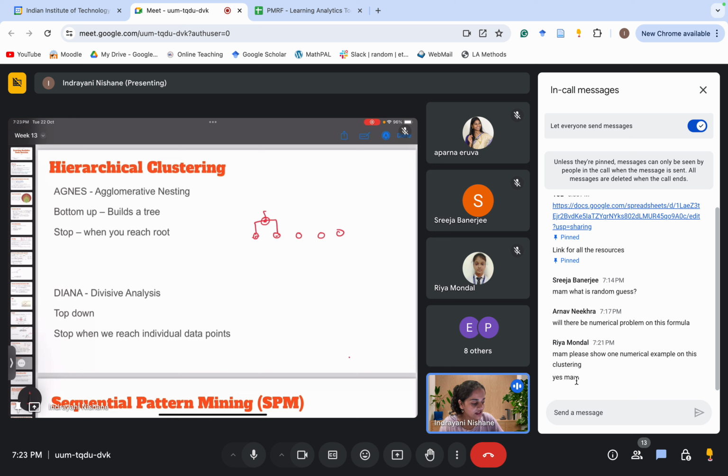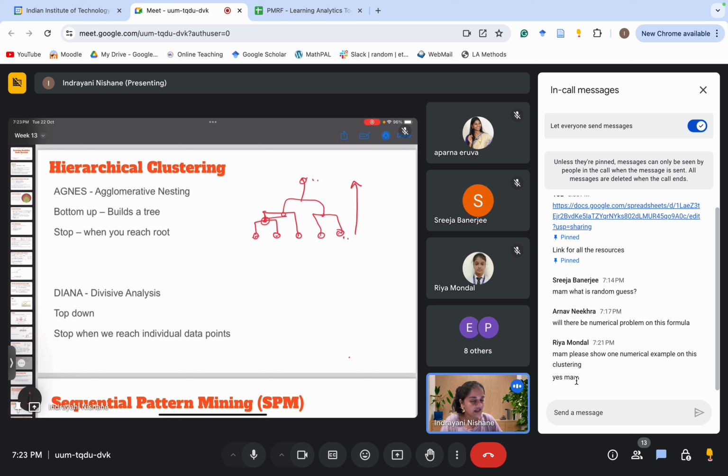Now from this centroid we compute the distance to all the data points. If this is closest to this data point, these two can now be merged, and we keep doing this until we reach only one big cluster which has all the data points together.